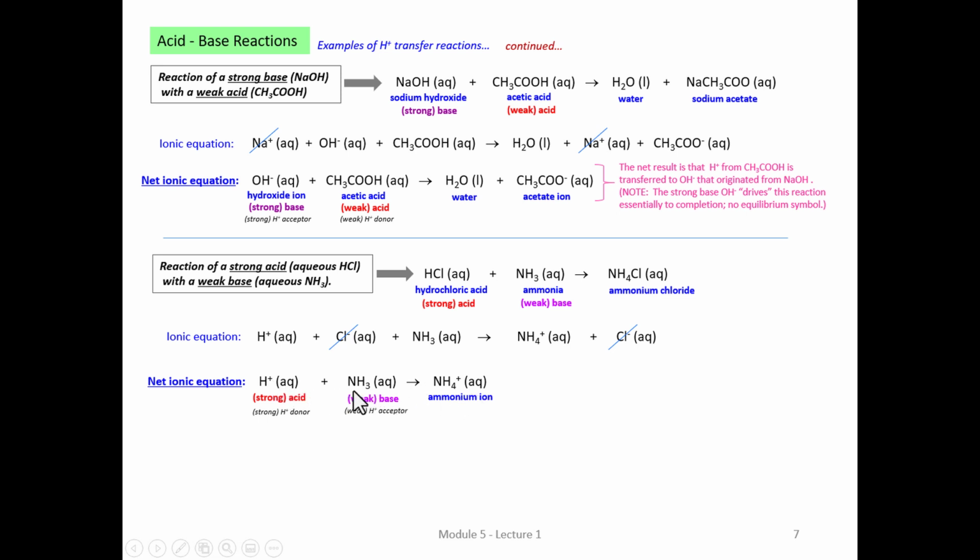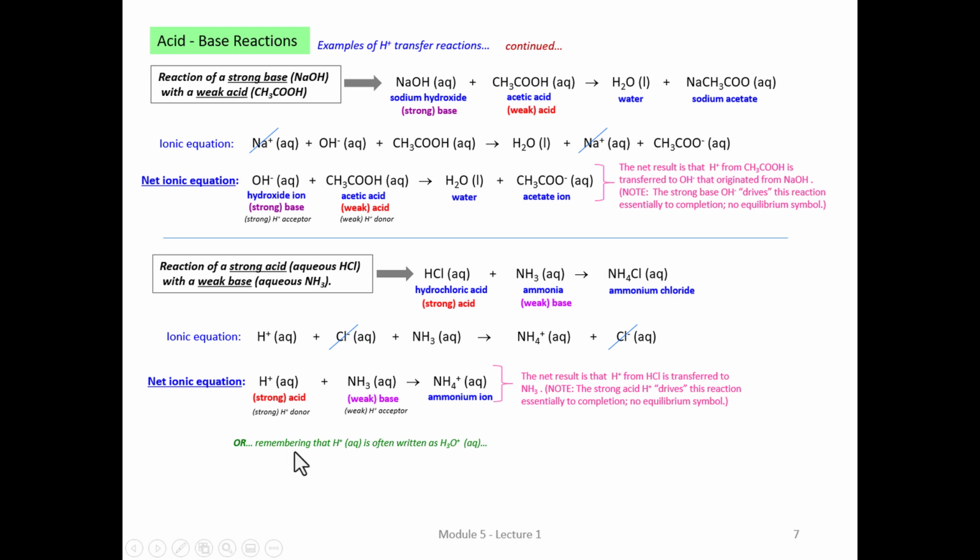So normally ammonia is not such a great H plus acceptor, but since it's being driven to accept H pluses by these strong acids, all of the ammonia molecules react to form ammonium ion. So the net result is 100% completion, or the reaction goes 100% to the right.